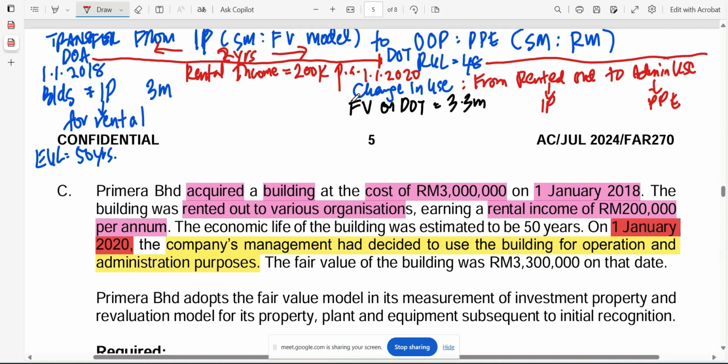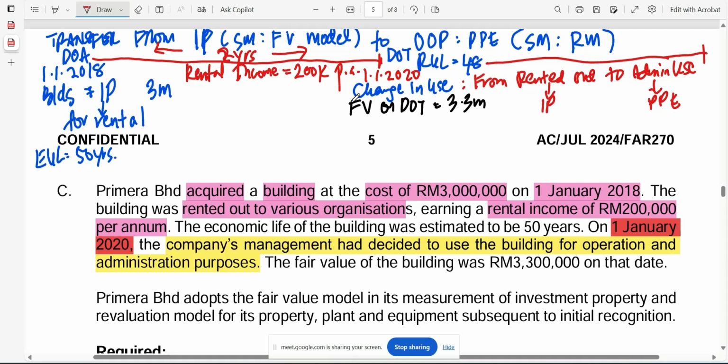That is what happened starting from 1st of January 2020. That is the evidence of the change in use: the building was held for rental, and later was converted into admin use. So the fair value of the building is 3.3 million.